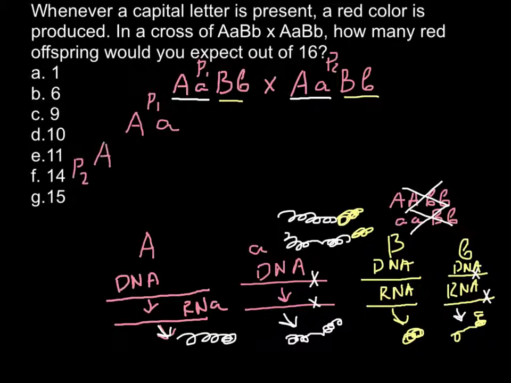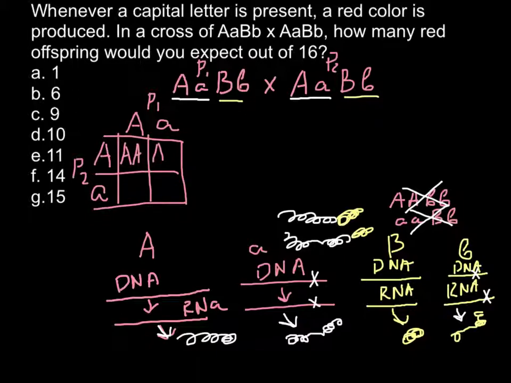As you see, if we build a Punnett square, the probability for the normal set of genes or alleles here would be 3 out of 4. So all these 3 genotypes would produce red pigment. So we can say that this is a 3 out of 4 probability, or 0.75, or 75%.